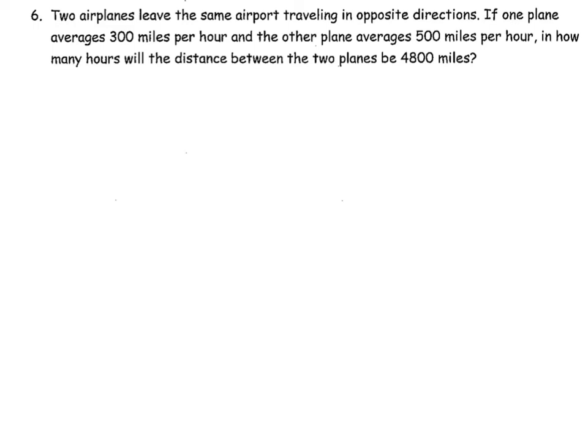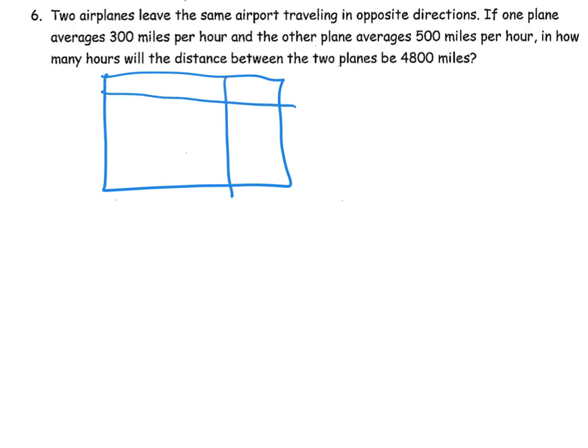2 airplanes leave. Let me set up the table for you. My drawing is already awful. So I'm going to have airplane number 1 and airplane number 2. Okay. One plane averages 300 miles an hour.